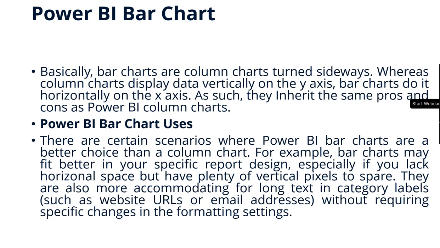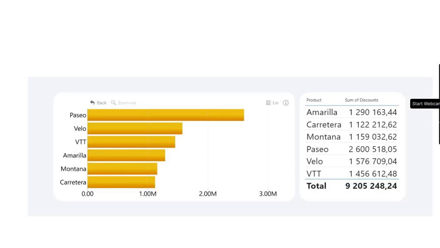For example, if it's a better fit in your specific report design, if you lack horizontal space but have plenty of vertical pixels to spare, they are more accommodating for long text and category labels, such as website URLs or email addresses, without requiring specific changes in the formatting settings. We can use a bar chart, and it may look like this.